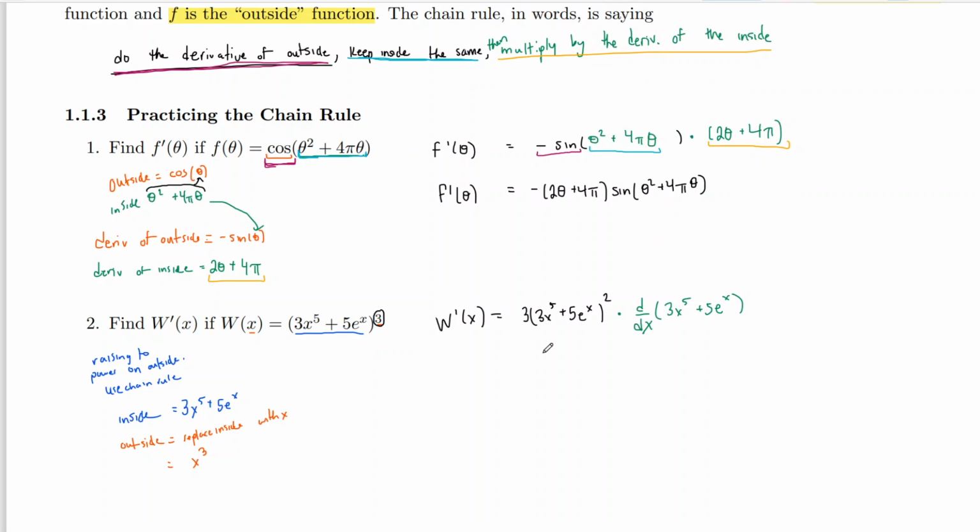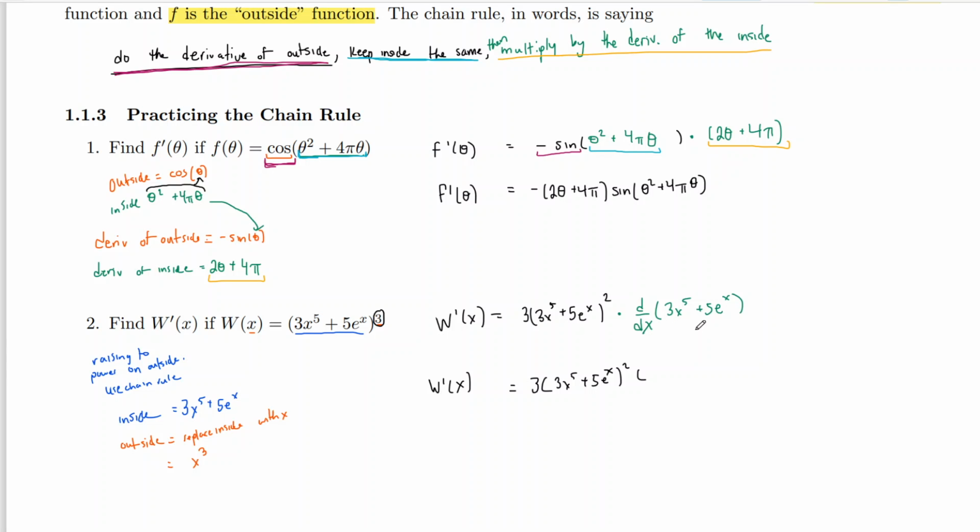All right, so in that sense, it sort of looks like when we would do the product rule or the quotient rule, or when we started at the very beginning of doing derivatives, we would write the indicated derivatives and then we would do them. We got 3 parentheses 3x to the 5th plus 5e to the x squared. And then what's the derivative of 3x to the 5th plus 5e to the x?